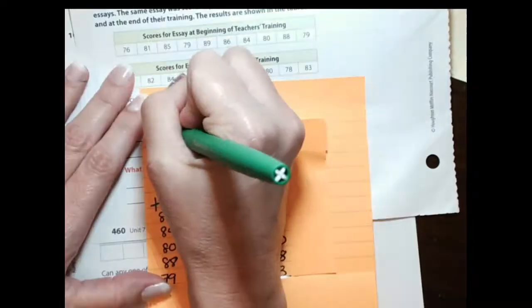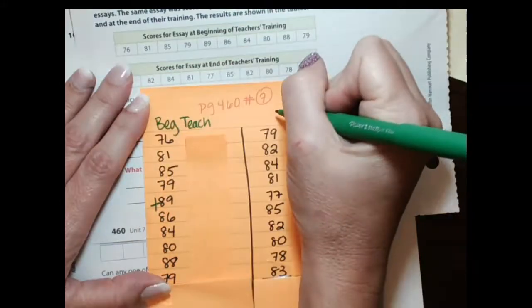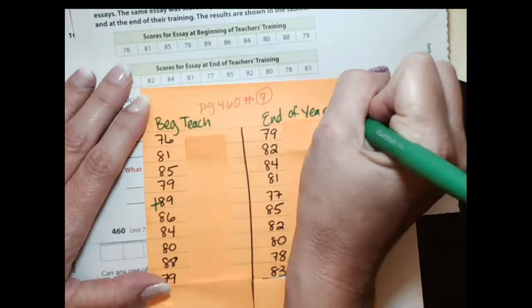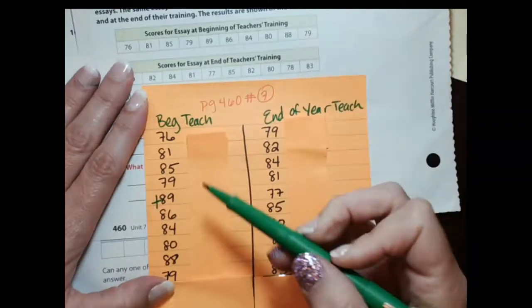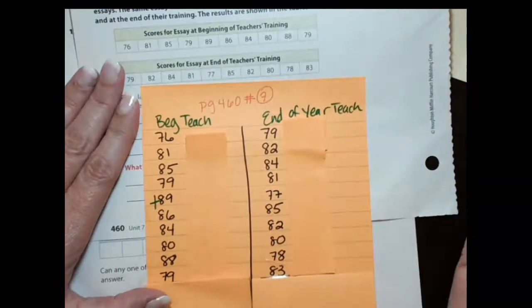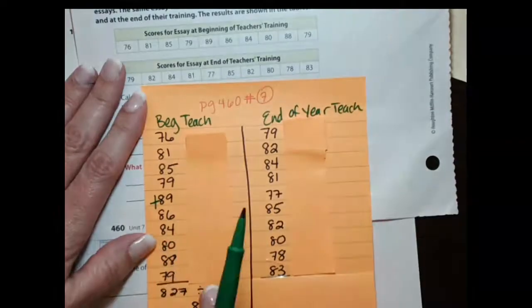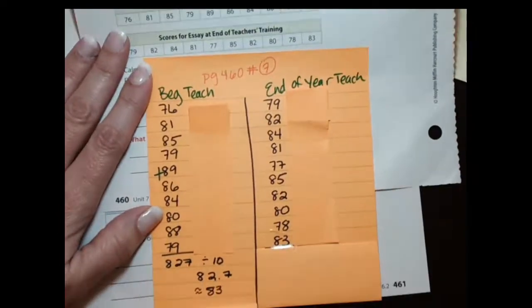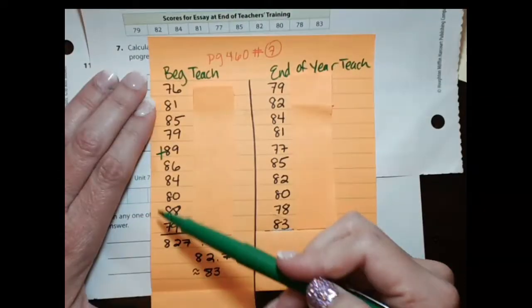This is the beginning teacher and this is end of the year teacher scores, right? So we're comparing those 2 scores. Let's see the difference. So first, this one, let's find our average. When we find our average here, the average score, or the mean, is about 83. We just found step 1.